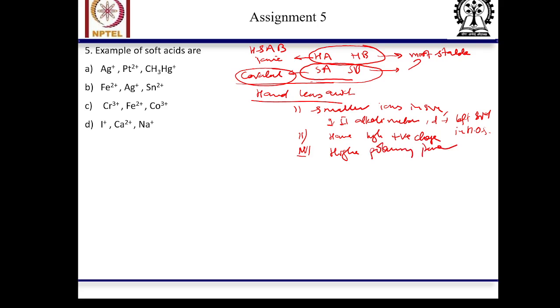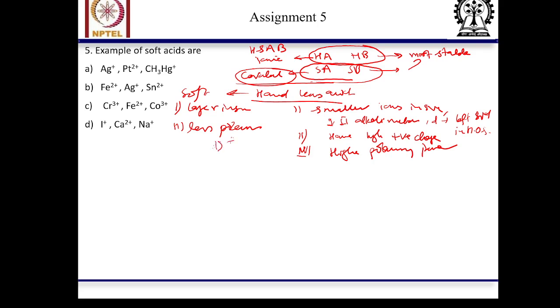So what is a soft Lewis acid? The first thing is that they are larger in size. They have less polarizing power. Basically they are d-block metals from the right side, but in low oxidation state, like silver plus.